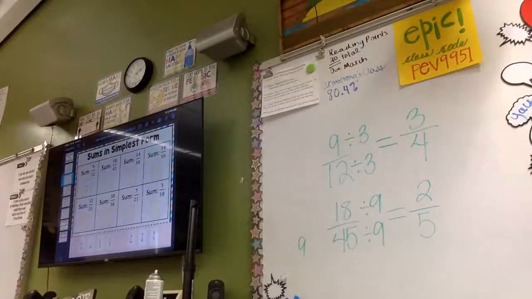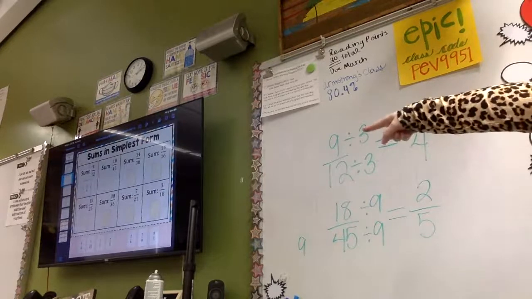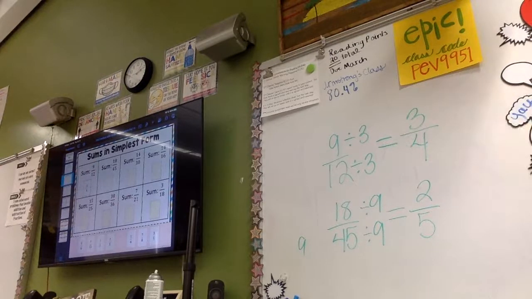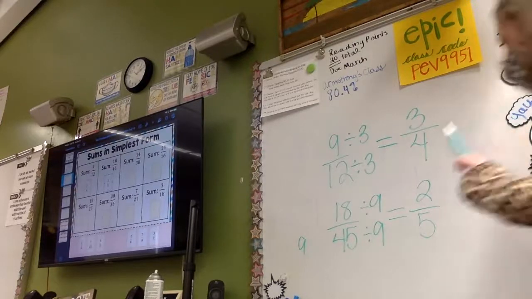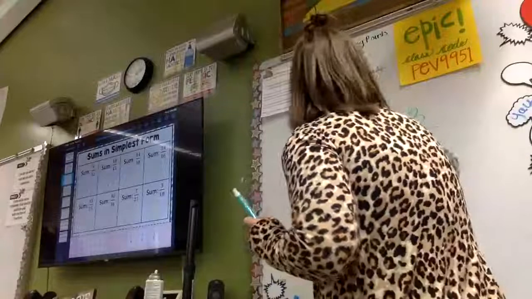Is there anything that will go into those numbers evenly? 2 and 5? No. Do you see 2/5 at the bottom up here of my page? So I'm going to take it and move it. All right. Let's go to our next one.